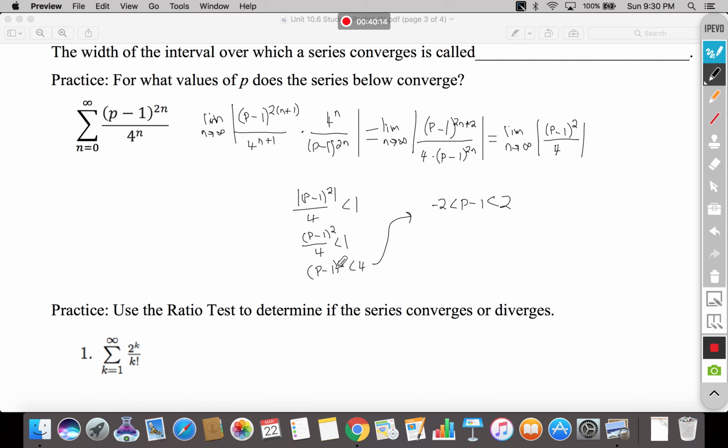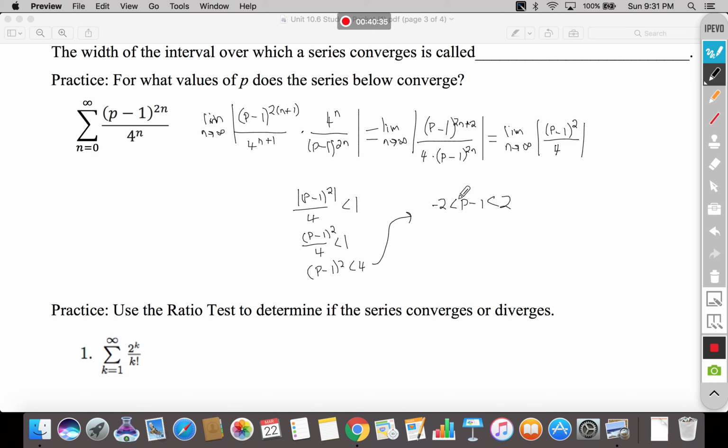Why? Because I would take the square root here and I'd end up with plus or minus 2, but we're doing inequalities. So whatever p minus 1 is, it has to be between negative 2 and 2, because if I squared everything, I'd get 4s back over here. So that's how this taking square root and absolute values works if you've not done that before.